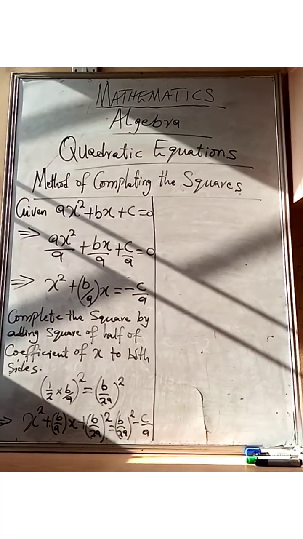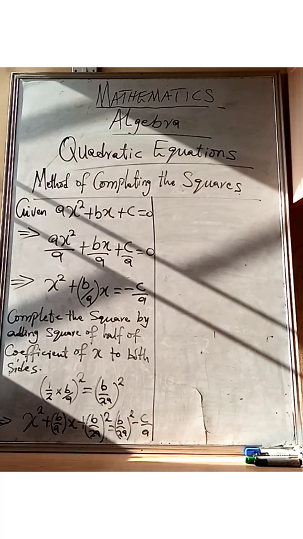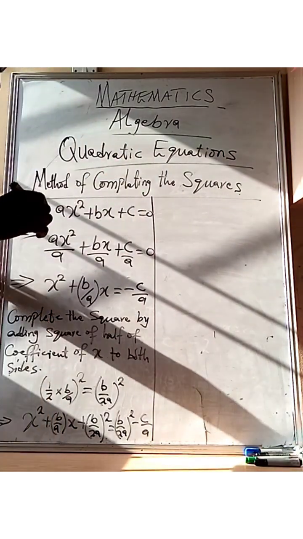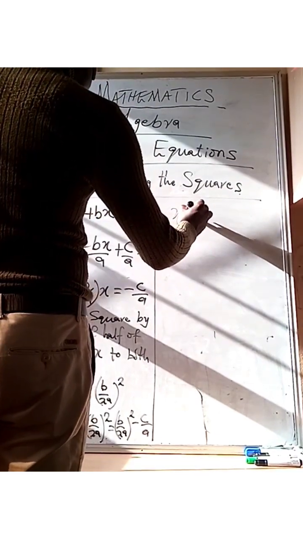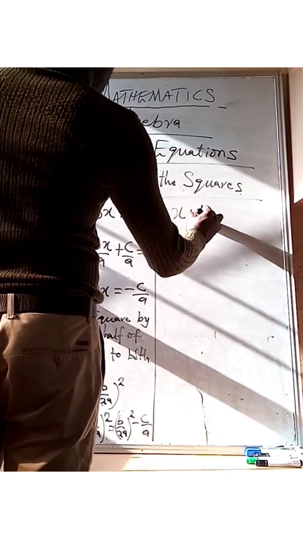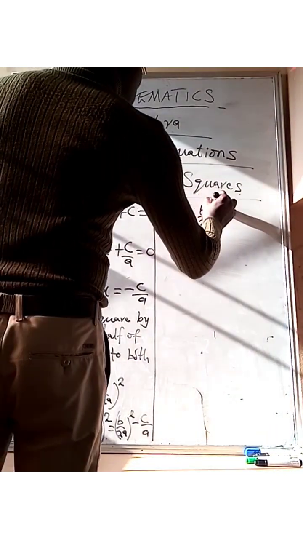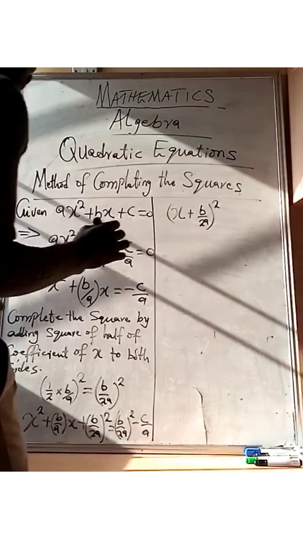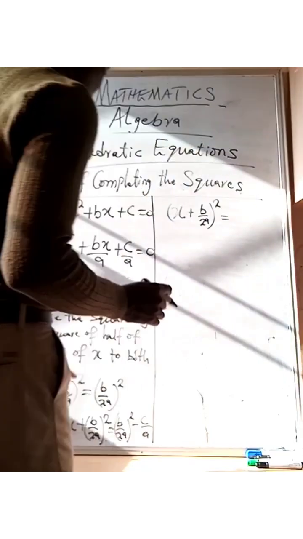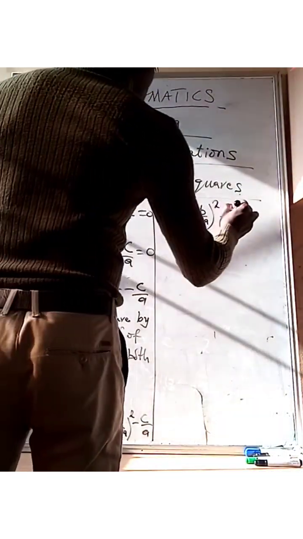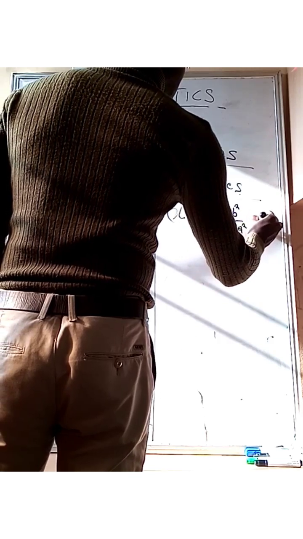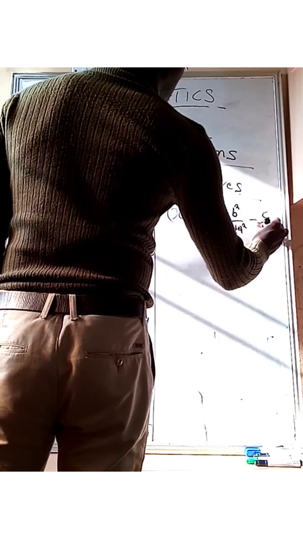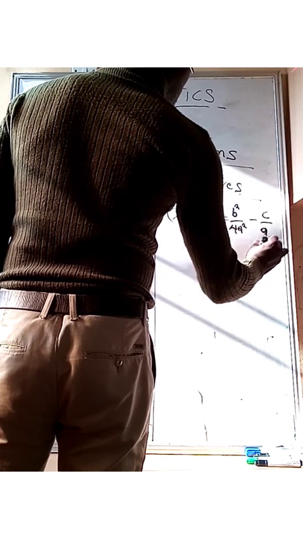Having said so, at this point we will factorize the left hand side. Factorizing the left hand side will look as if we put x and b over 2a in one bracket squared, and we simplify the right hand side, which is going to be b squared over 4a squared minus c over a.